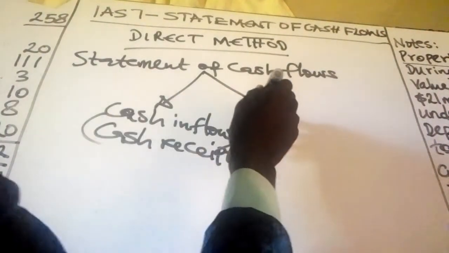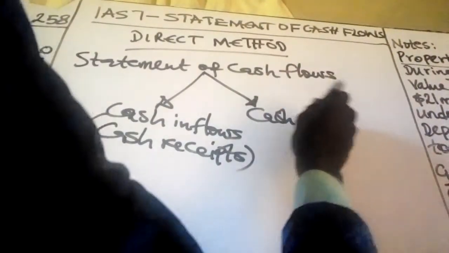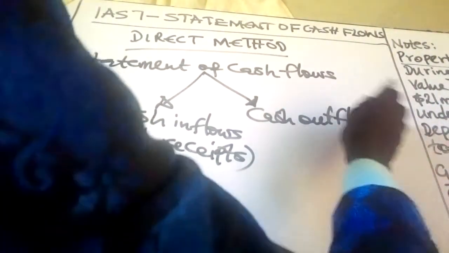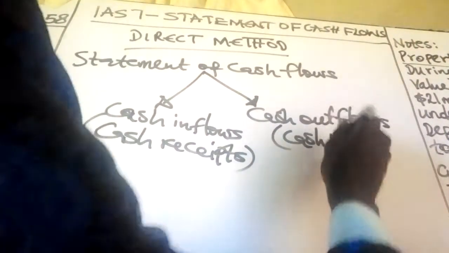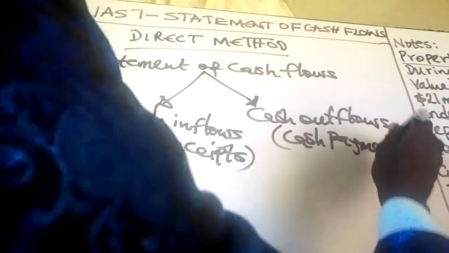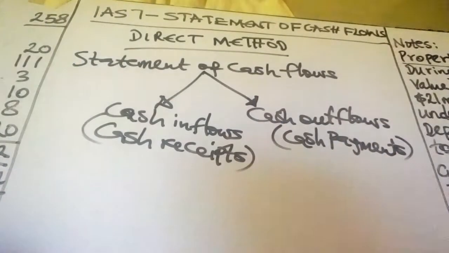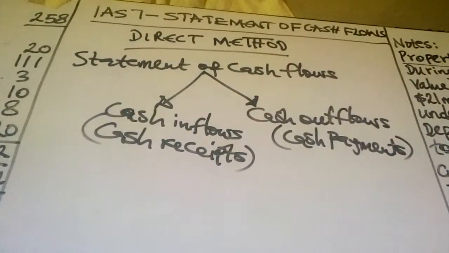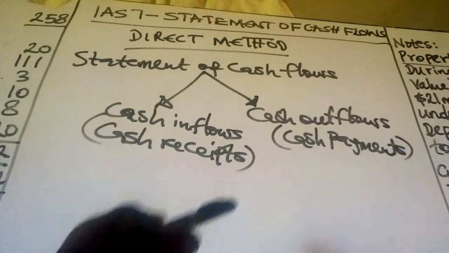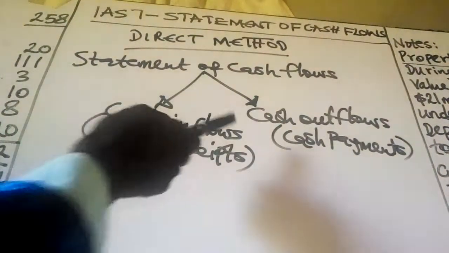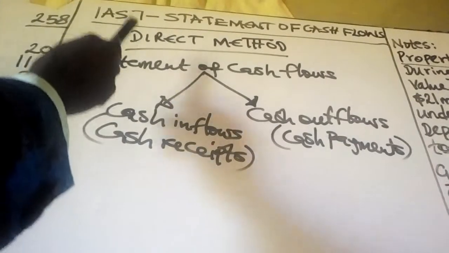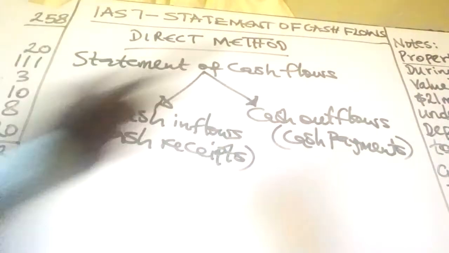And the cash outflows. By cash outflows, I mean cash payments of an entity over a given period of time. A statement that shows the cash inflows and the cash outflows of an entity over a given period of time is said to be the statement of cash flows.